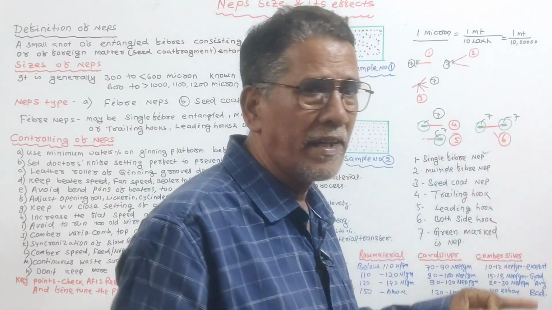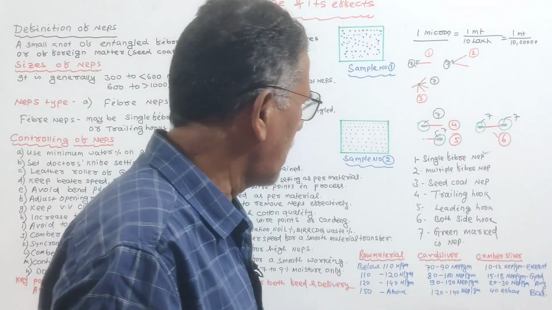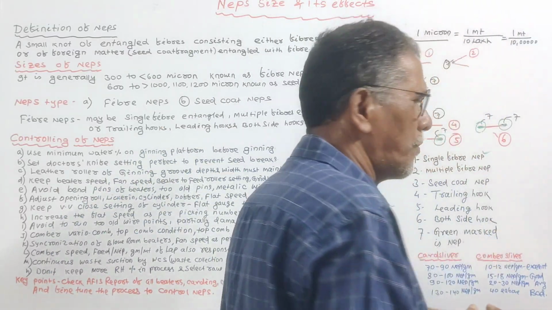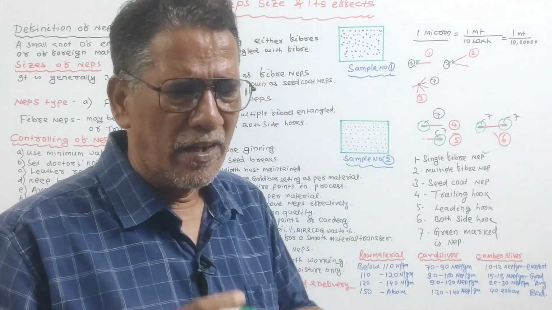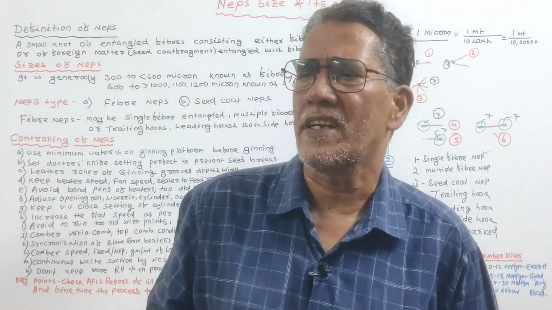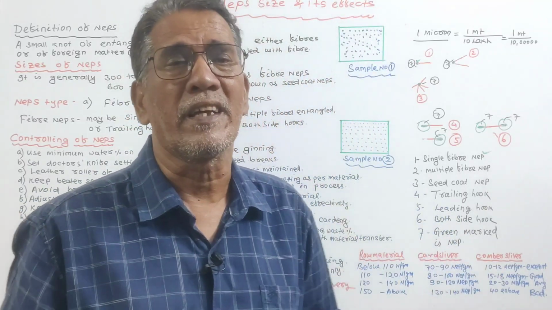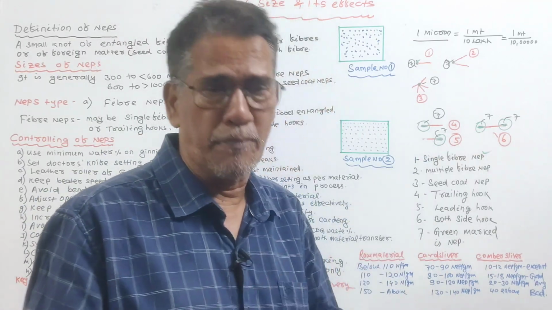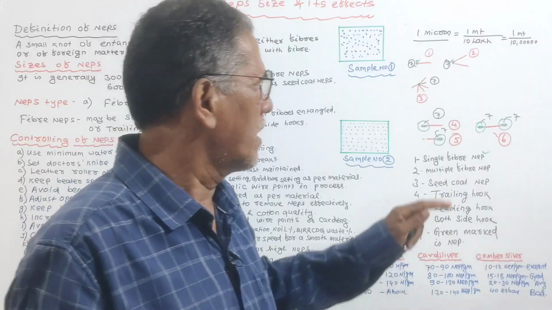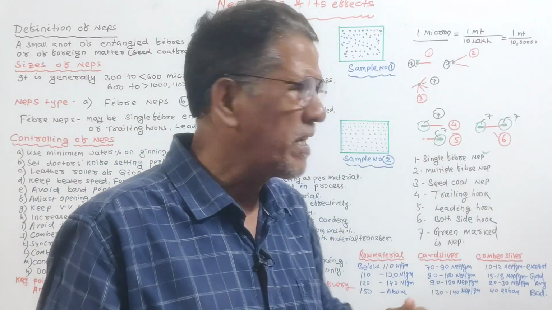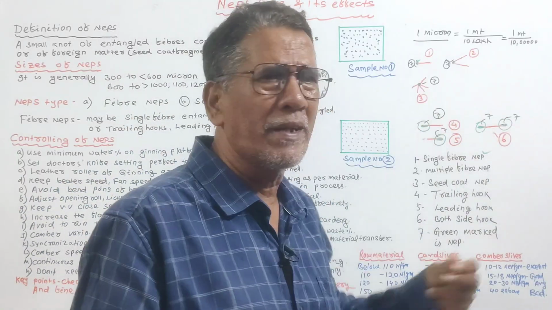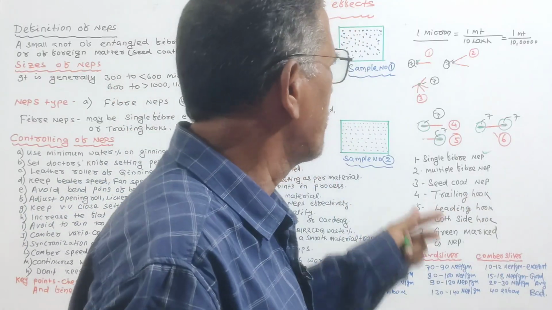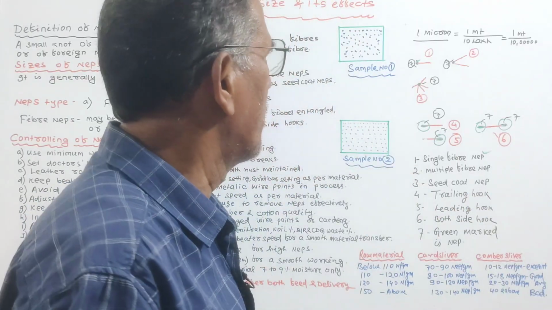When both sides are folded, that is called a both side hook. These three hooks are partly removed in carding, partly in breaker drawing, and finally after finisher drawing. And if you are doing combing, then all will be cleared. Minutely, one or two pieces may remain in the sliver.